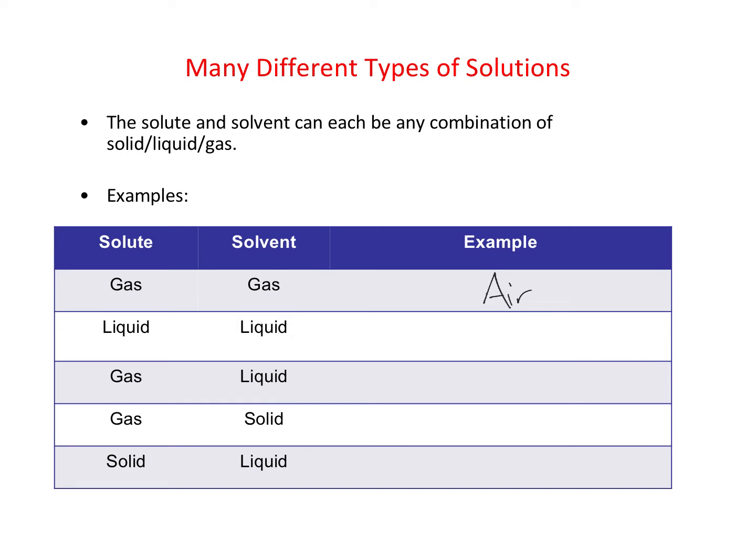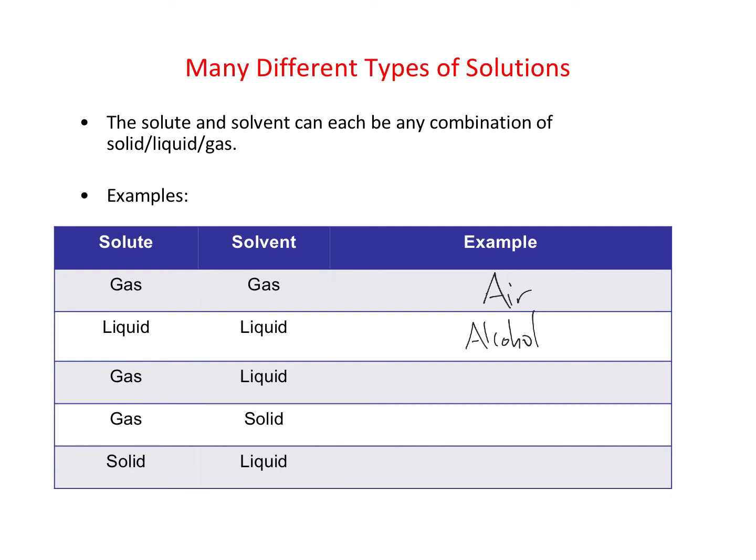An example of a liquid-liquid solution would be alcohol, like you drink. Wine, for example, is often about 12% alcohol, right? But the other largely 88% is mostly water. Of course, there's sugars and other things in there as well. But at least the two major substances in wine would be water as the solvent and ethanol, a liquid, as the solute.